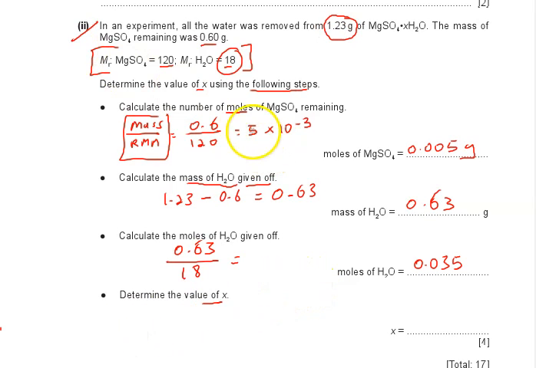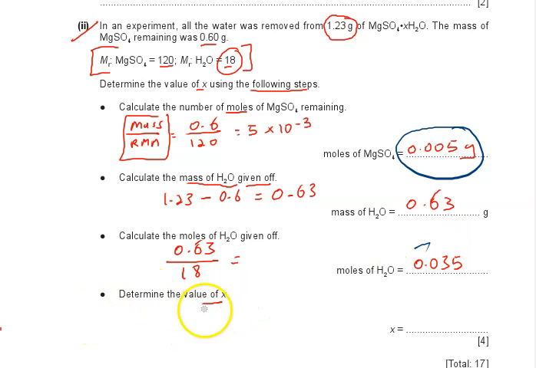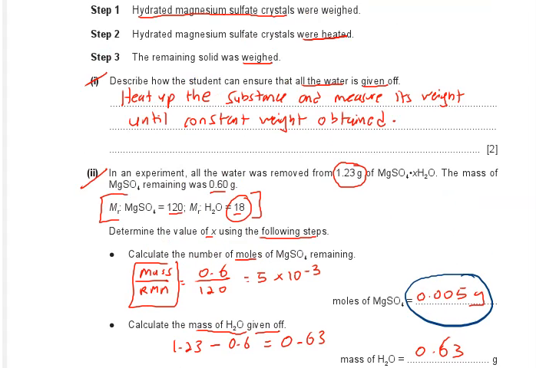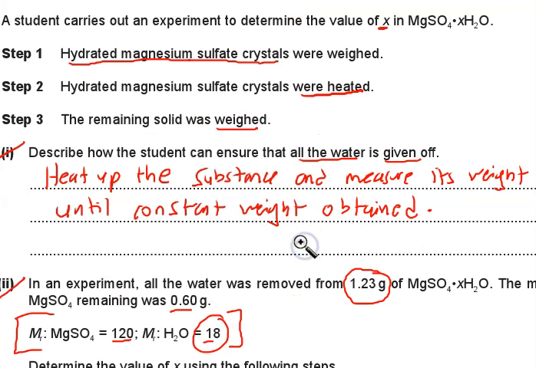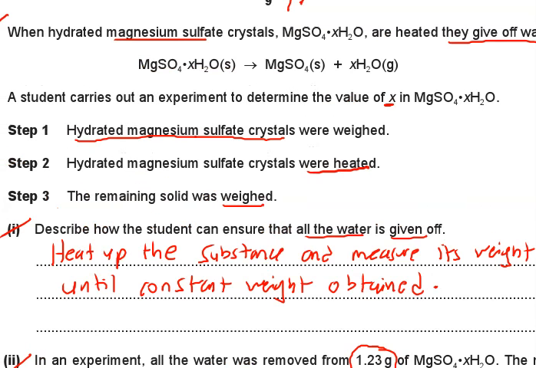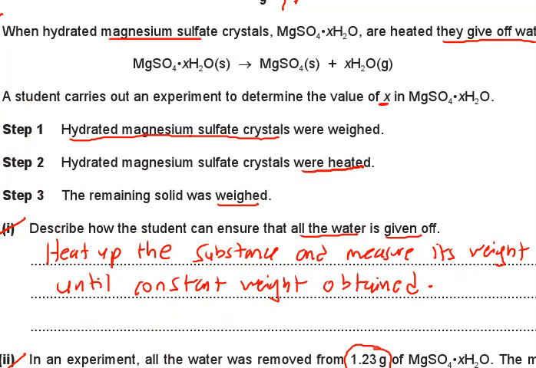To show you how it works, please remember this one, guys. Magnesium sulfate is 0.005 mole, and the water is 0.035. Now we have to go back to the equation. Let me make it bigger. As you can see here, it is 1 mole, 1 mole, 1 mole in ratio.